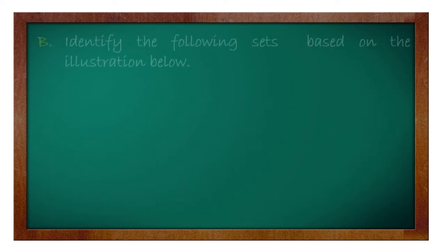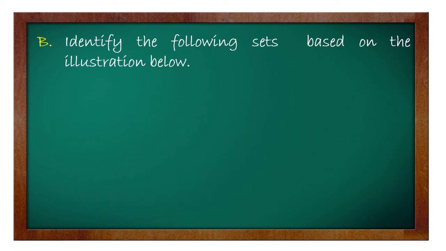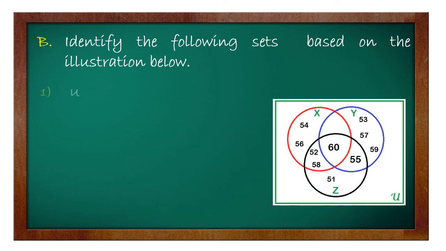Now, let's try another example para talagang naintindihan. Identify ulit natin yung universal set. Very good. We have 51, 52, 53, 54, 55, up to 60. How about now the set Y?